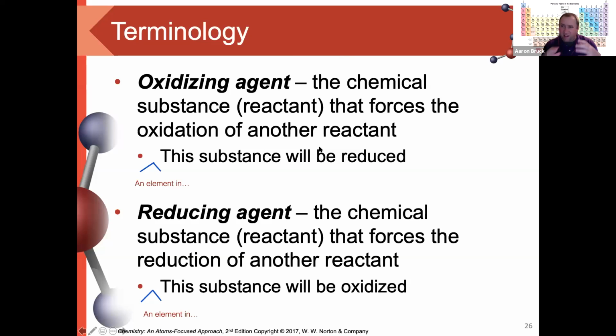So it seems like it's kind of backwards, but the key word in all of these is force. An oxidizing agent forces oxidation. A reducing agent forces reduction. And since the two processes are tied together, inherently, that means that when that oxidizing agent forces that oxidation and rips those electrons away from something else, those electrons go somewhere, and they go to one of the elements inside of that oxidizing agent.